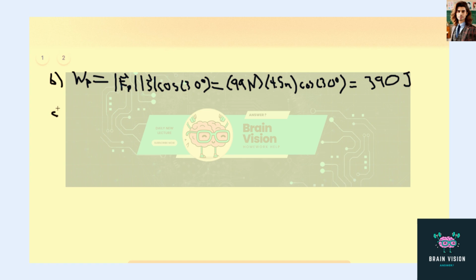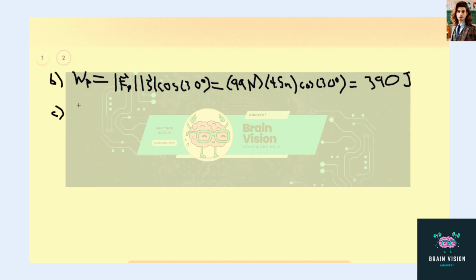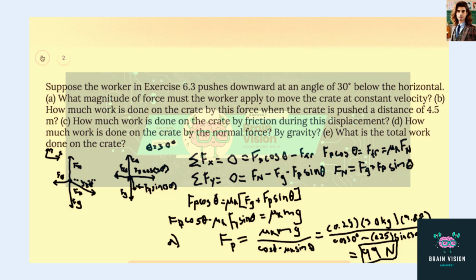The next part asks us to calculate the work for the frictional force. So work due to friction will be equal to, go back here and look at our expression for friction. It's mu k times Fn.